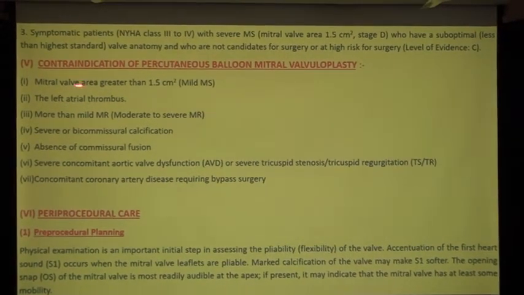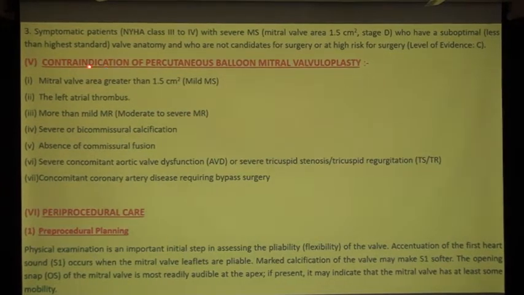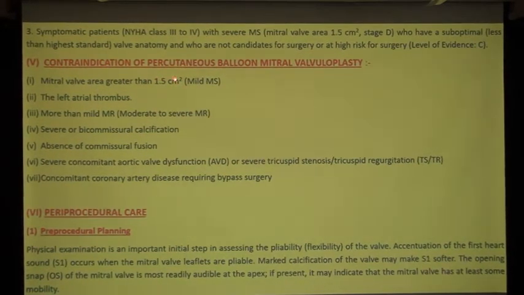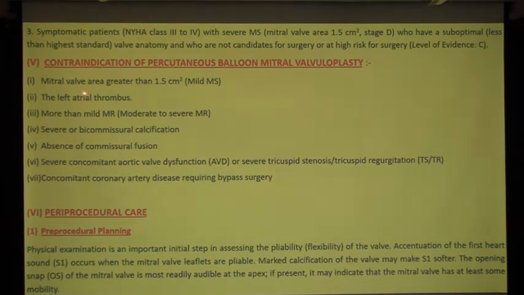Then the contraindications of percutaneous balloon mitral valvuloplasty. Number 1, mitral valve area greater than 1.5 centimeter square, meaning mild mitral stenosis. Then second, left atrial thrombus present, so we don't do this valvuloplasty. Then more than mild MR, meaning moderate to severe MR, we don't do valvuloplasty.